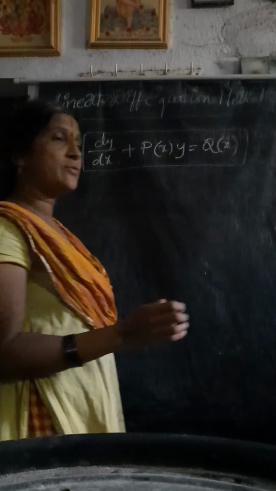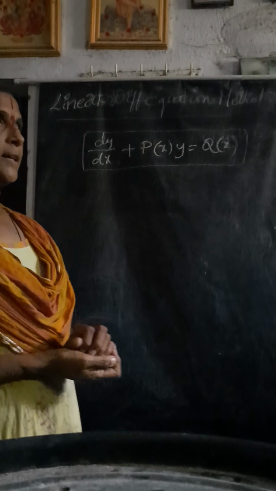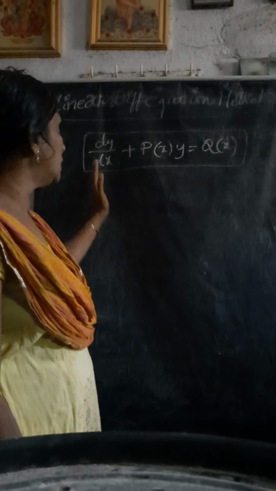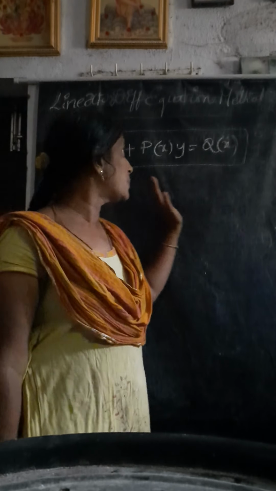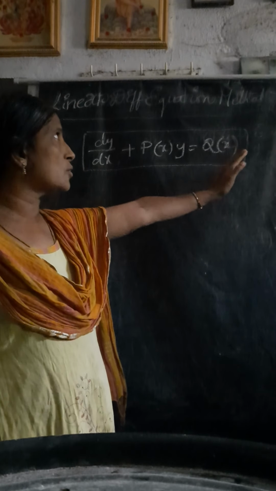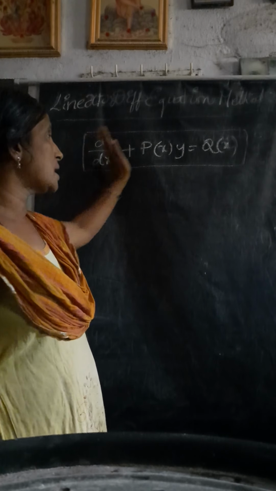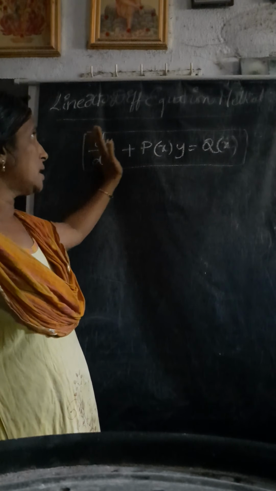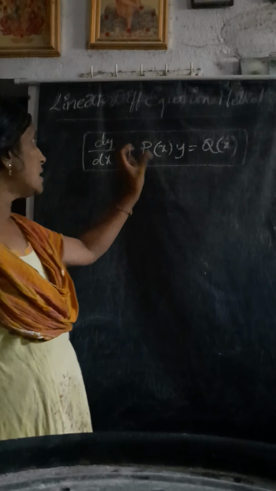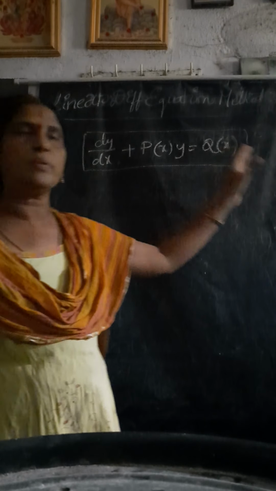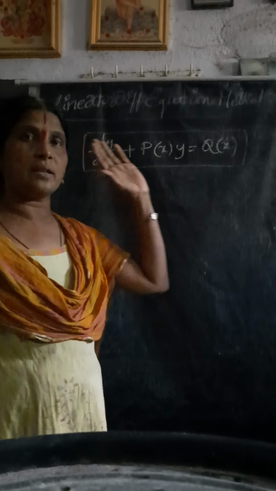The differential equation of the form dy by dx plus p of x into y equals q of x is called a linear differential equation. Here y is the dependent variable and x is the independent variable.